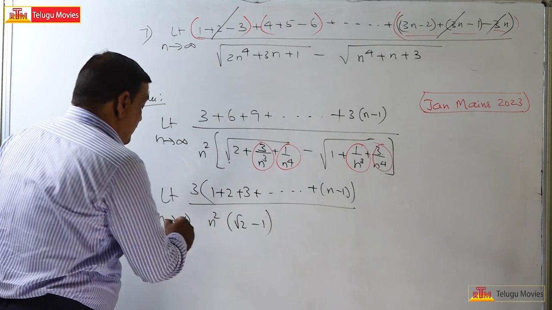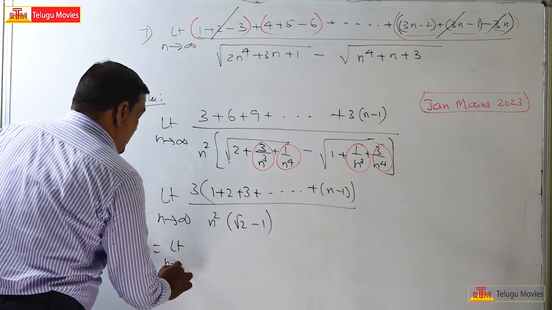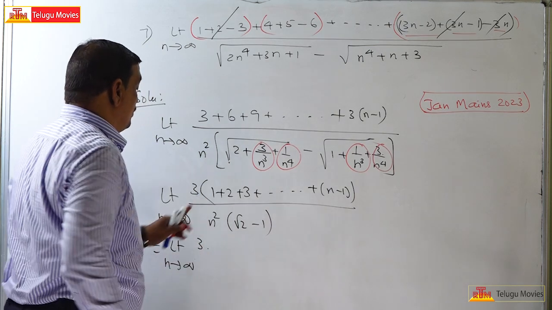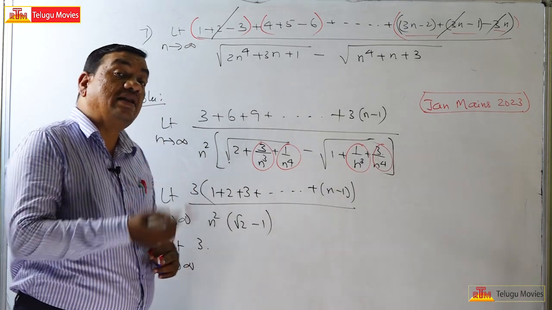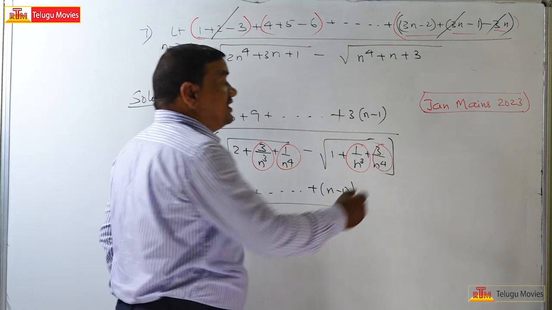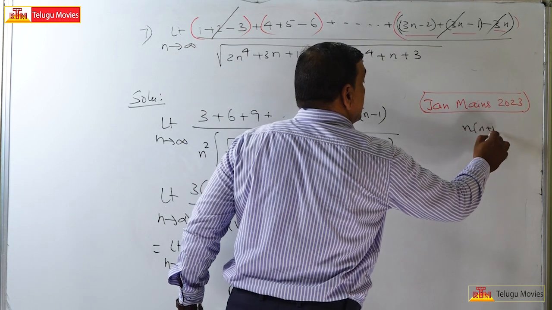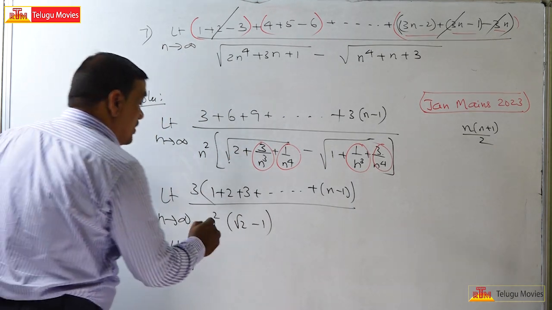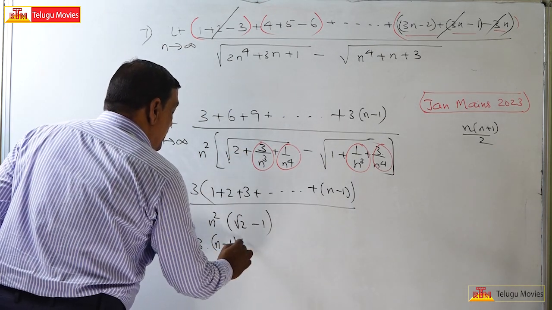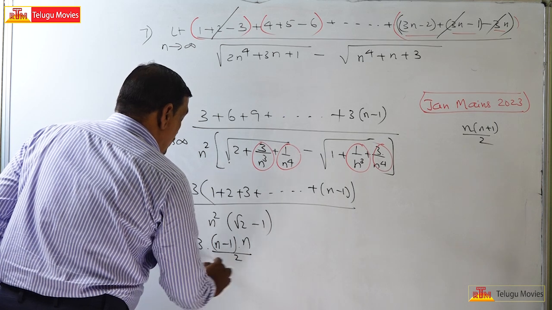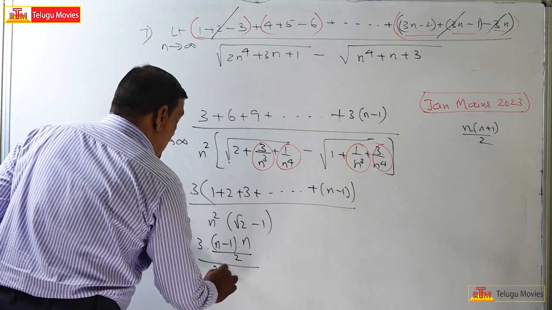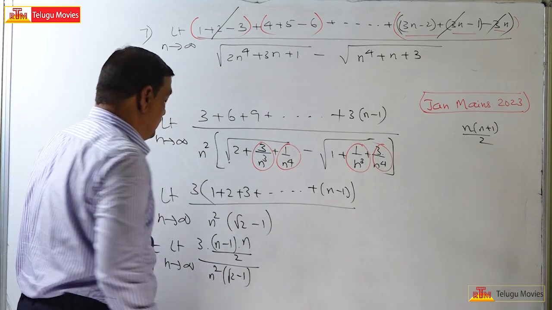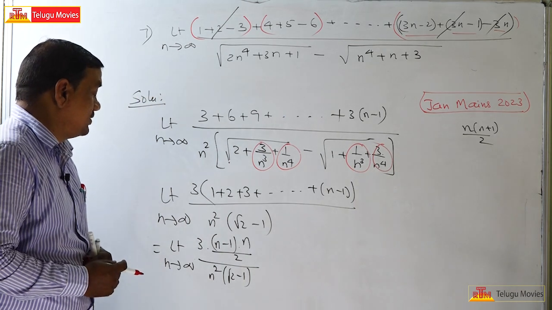So this implies limit n tends to infinity, 3 into the sum of the first n minus 1 terms. Sum of the first n terms means n into n plus 1 by 2. Here n minus 1 means n minus 1 into n by 2, divided by n square into root 2 minus 1.